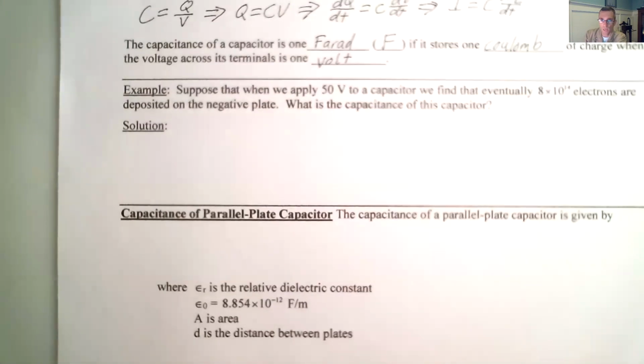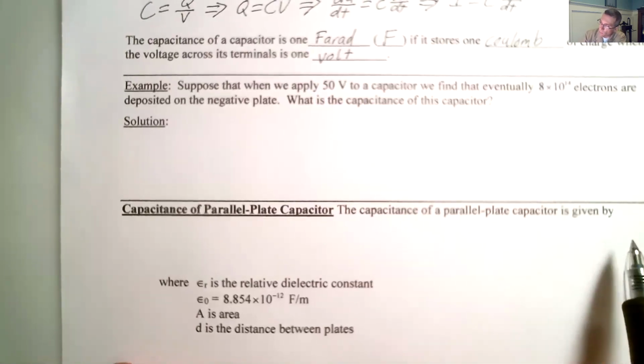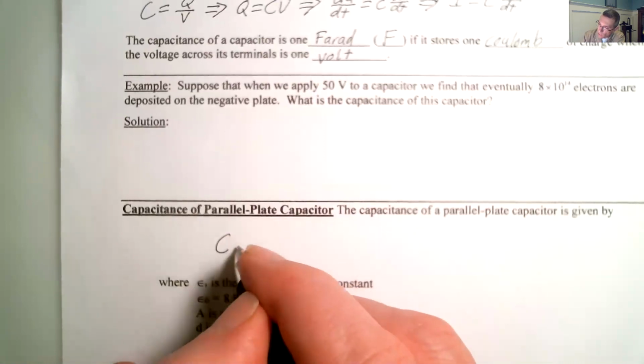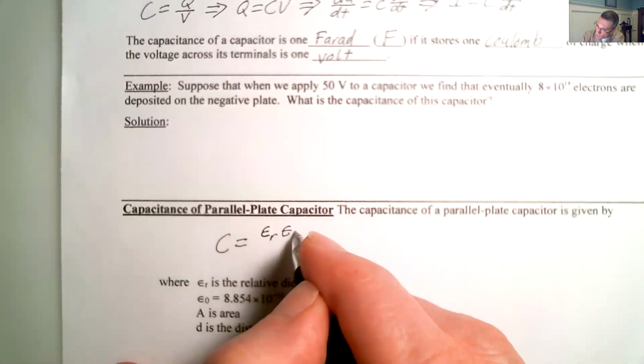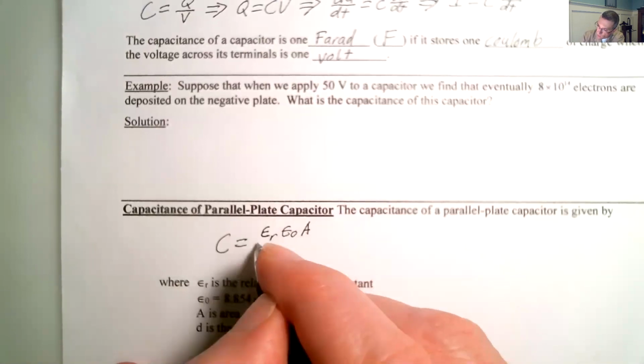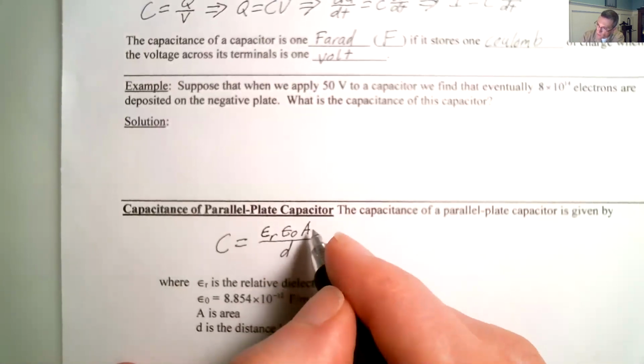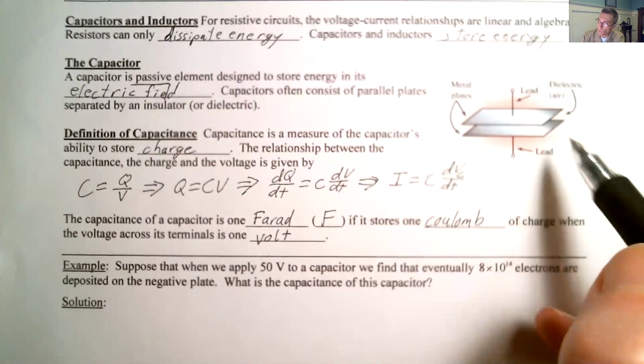We'll move on to how we calculate capacitance. The capacitance of a parallel plate capacitor is given by C equals epsilon R, epsilon naught, A over D. That is the area of the plates divided by the distance between the plates.